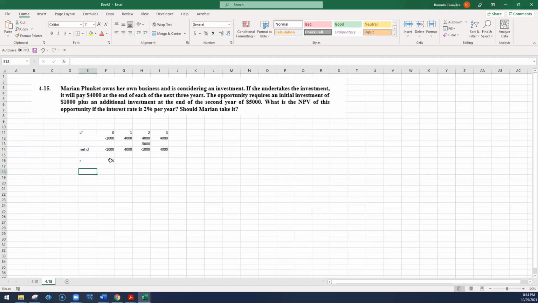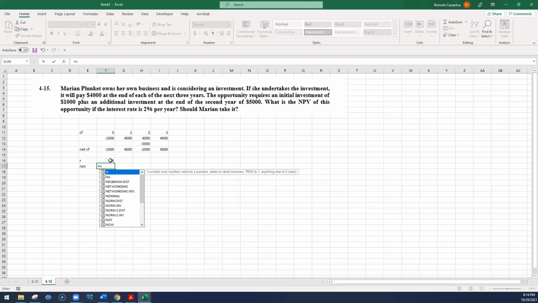And to discount means just to divide, so it's going to be less money then. So for the NPV, this is the rate.